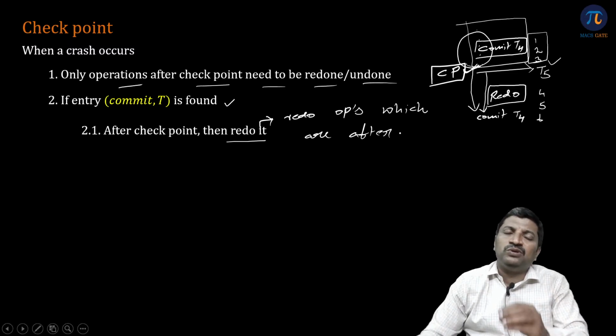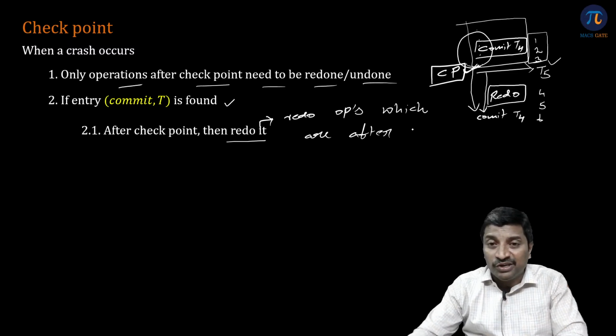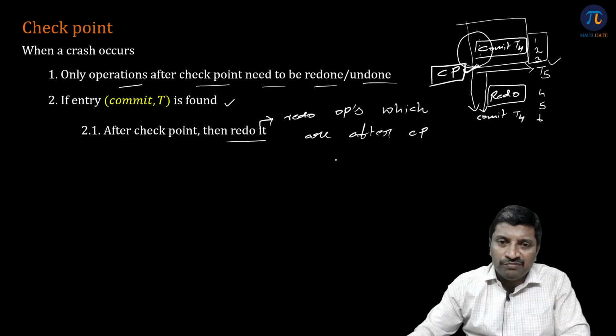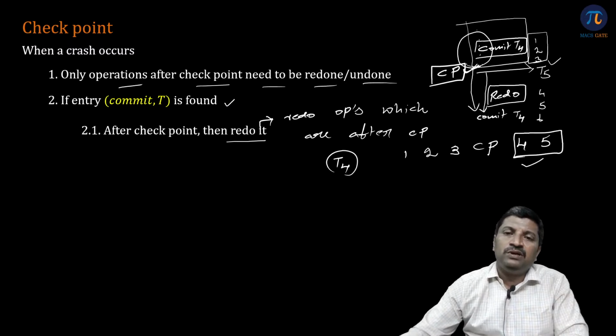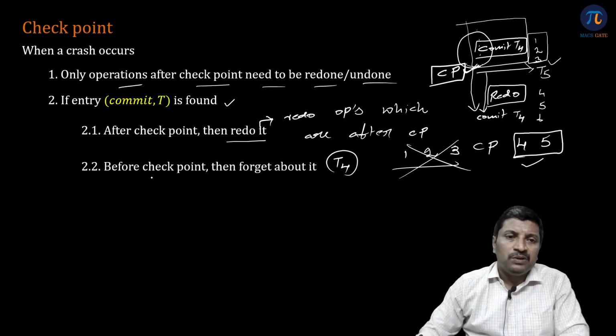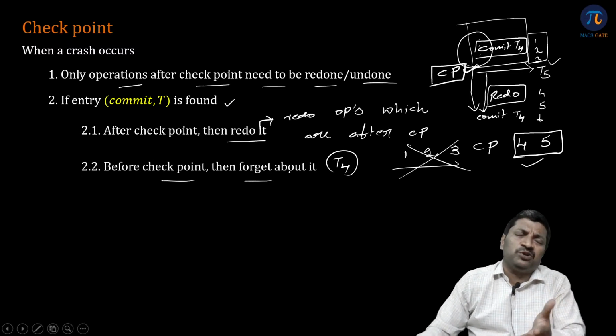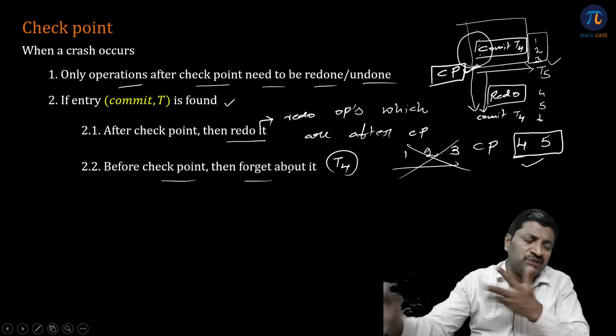Something like, I decided T4 needs to be redone. But for that, 3 operations are before the checkpoint and 2 operations are after the checkpoint. So I need to consider only these 2 operations, no need to consider these 3. Before the checkpoint, just forget about it because it was completed before the checkpoint, everything is fine.